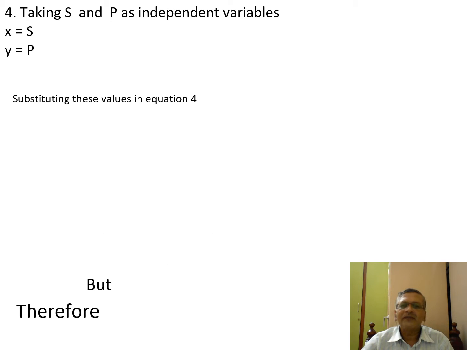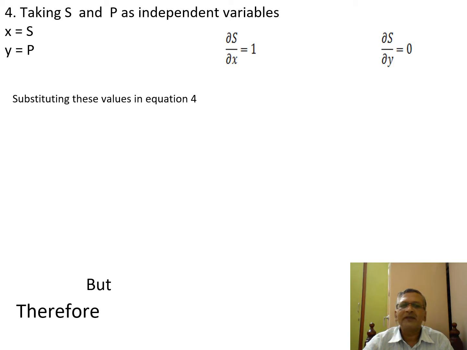So we will derive Maxwell's fourth, fifth and sixth equation, taking S and P as independent variables, that is x is equal to S, y is equal to P. Then differentiate S with respect to x and S with respect to y.